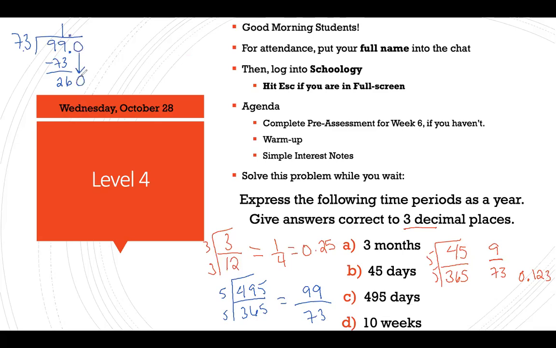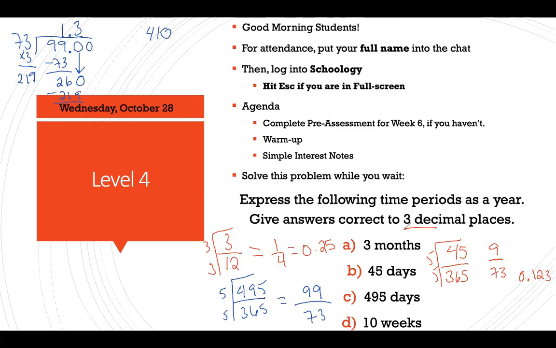Bring it down. Okay. 73 times 3 is 219. We'll do 260 minus 219. We're going to end up with 41. I'm going to add another 0 to make that 410.